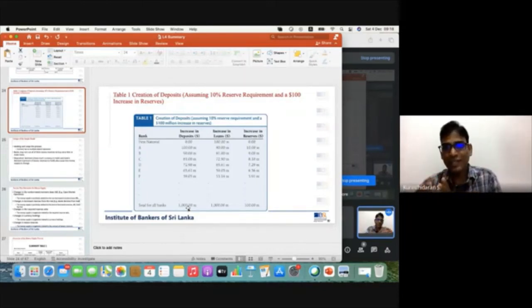For intuition, think about why the central bank has this reserve requirement. The central bank has this reserve requirement to control money creation. Now, if the central bank says zero requirement, everybody can lend 100.